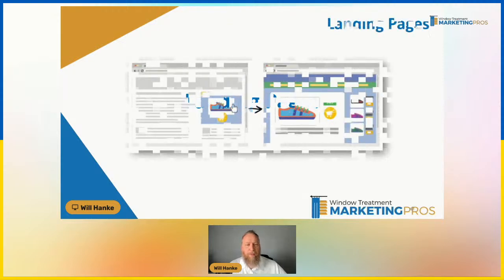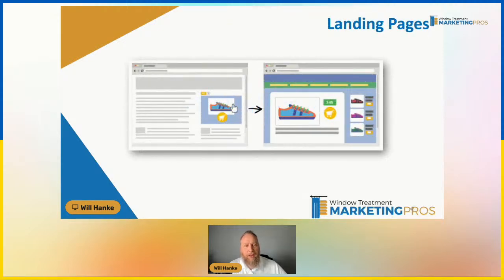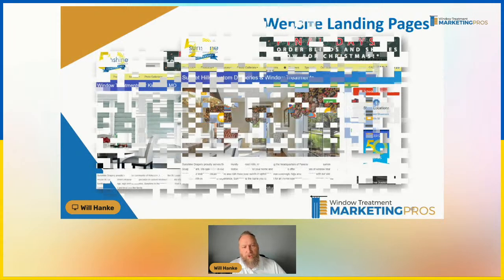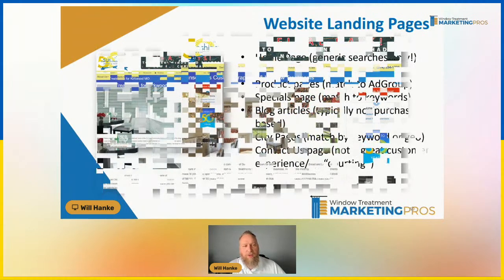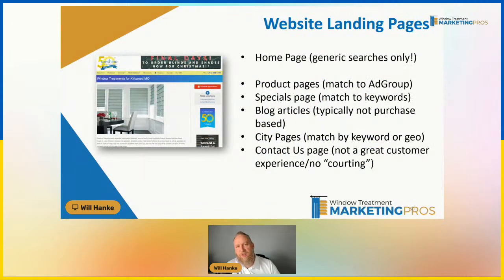All right, let's talk about landing pages. So landing pages, there's two main types. There are website landing pages, which is this here. So somebody clicks on an ad, they land on a page on your site, right? Some good things about those are, you can be specific to products, things like that.